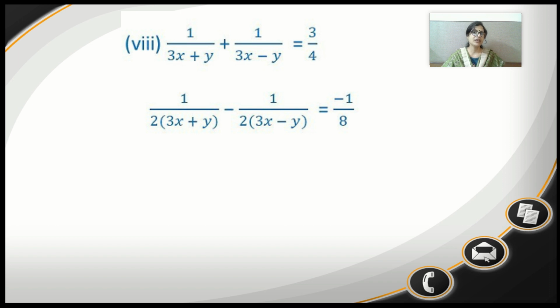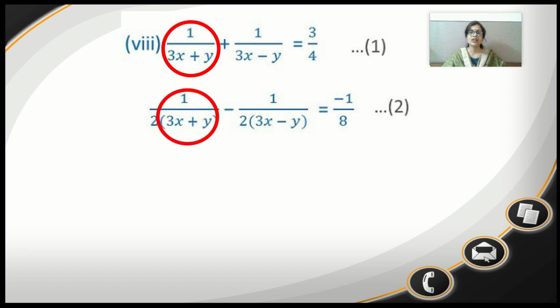Here if you see, the denominator of your first equation is 3x plus y, and in the second equation, along with this similar term we have 2 extra there. The second term is 3x minus y at the denominator, and in the second equation it is 2 into (3x minus y).